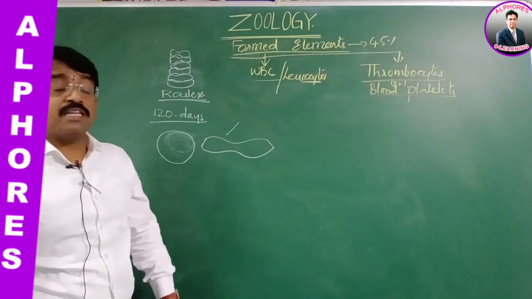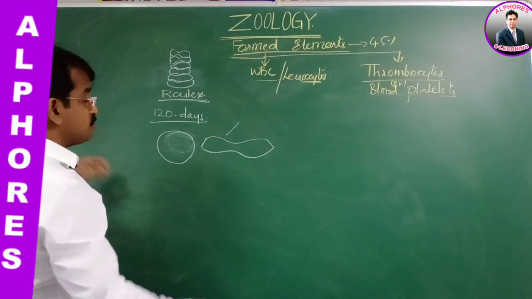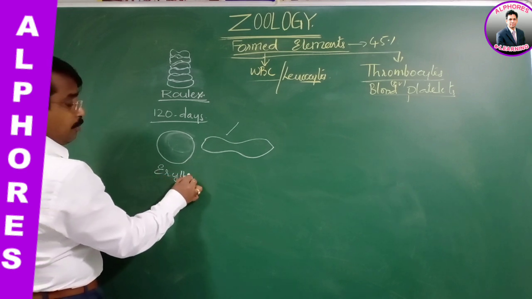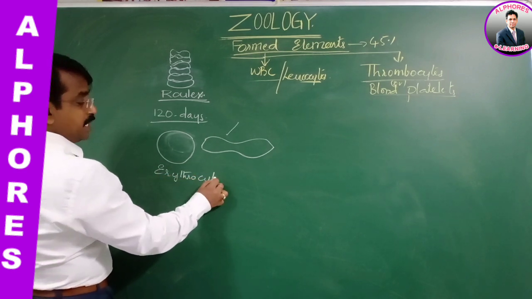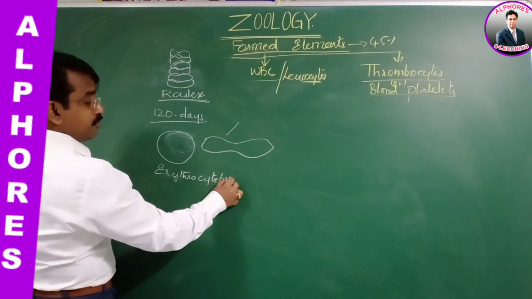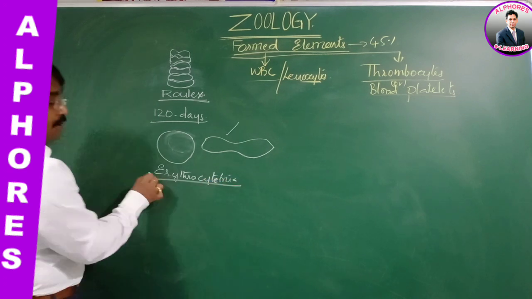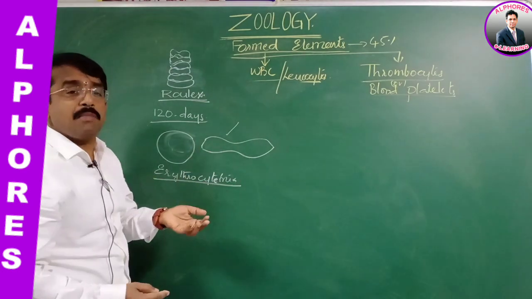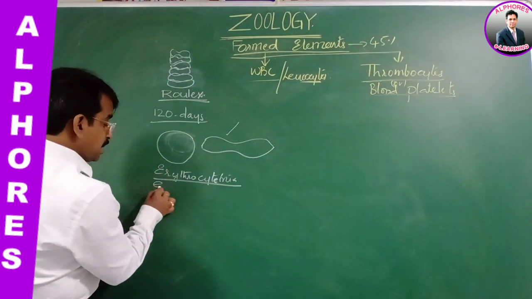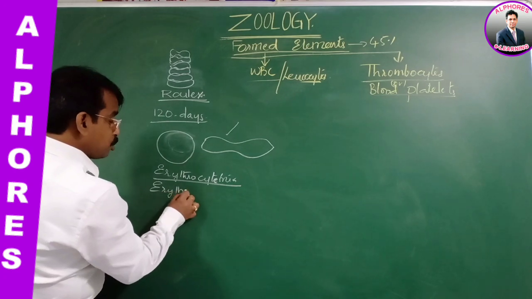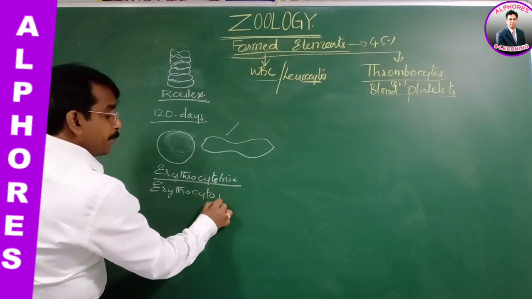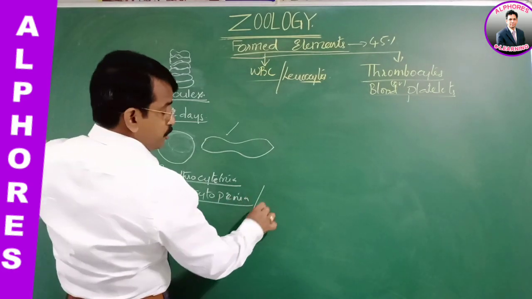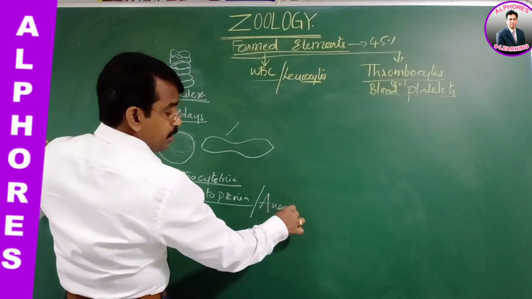Next, an increase in the number of RBCs is named erythrocythemia or polycythemia, whereas a decrease in the number is named erythrocytopenia, or else anemia.